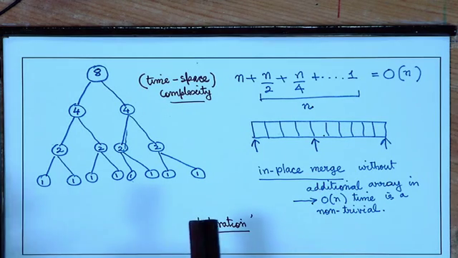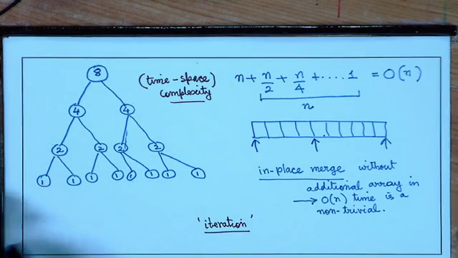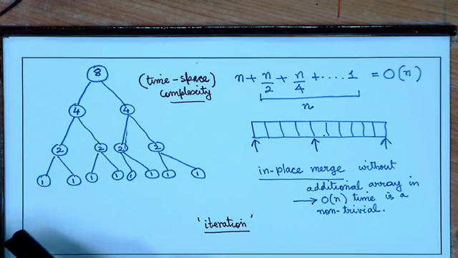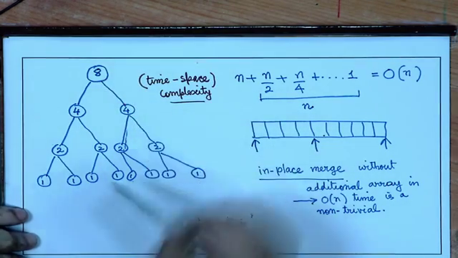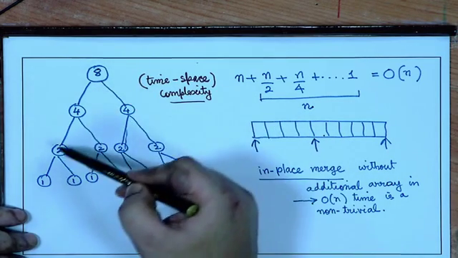In order to look at any problem and try to solve it by an iterative approach, you must have very good control over the recursion tree structure. Unless the recursion tree structure is well understood by you, you will not be able to get that in the picture. If we look at this recursion tree structure, in recursion we were doing it like this.